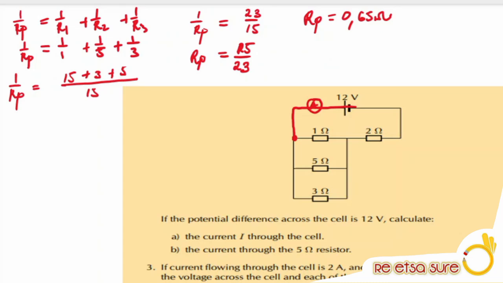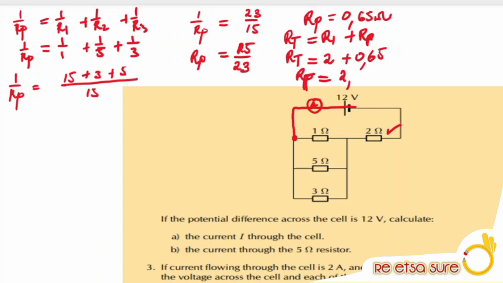If I want the total resistance, I will say RT is equal to R1 plus Rp. What is our R1? Our R1 is 2. So it's 2 plus 0.65, and then our RT is equal to 2.65 ohms.